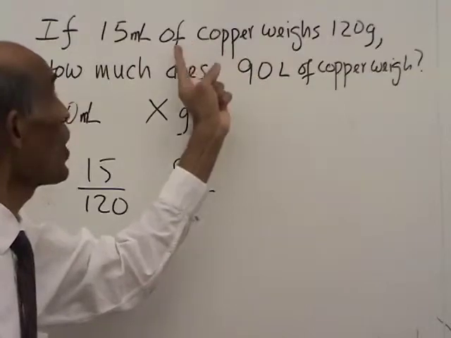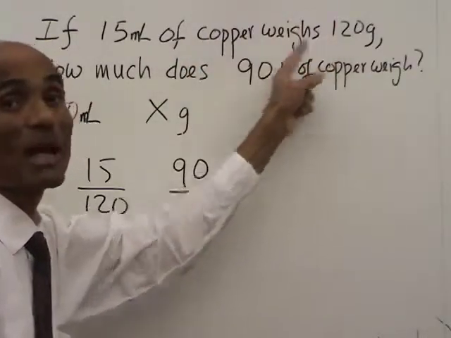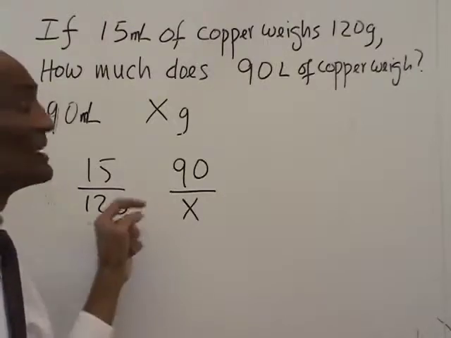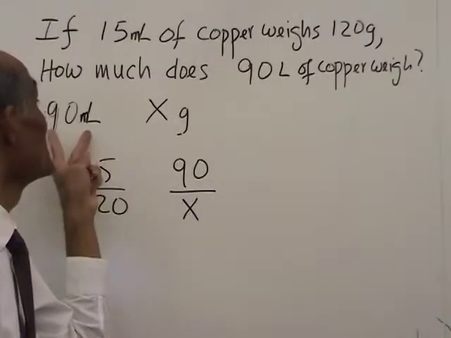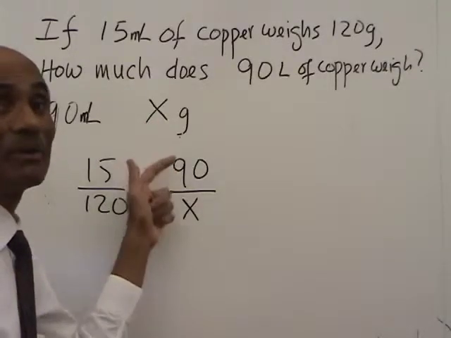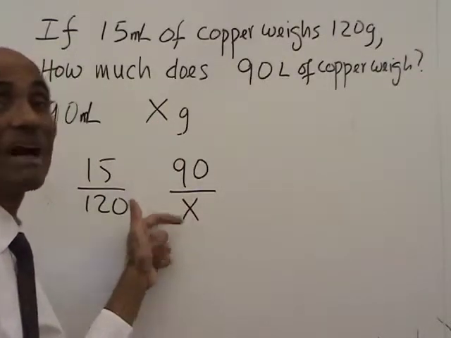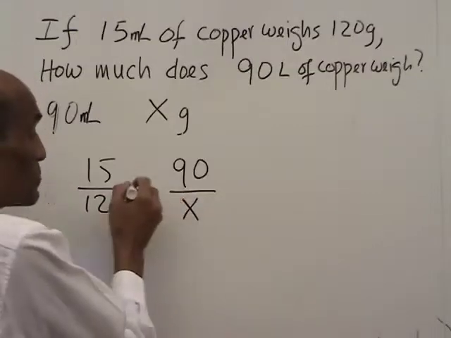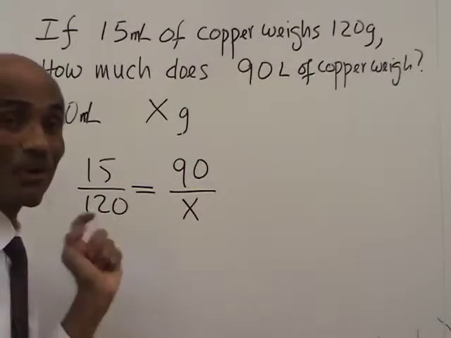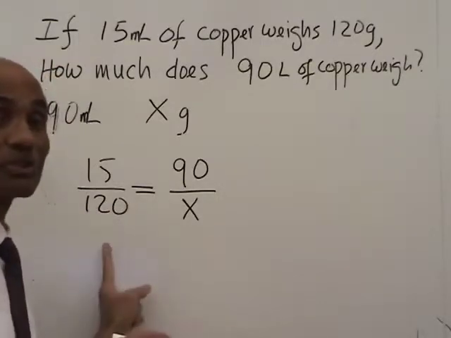Take the ratio of milliliter to gram, 15 divided by 120. The second ratio is 90 milliliters weighs x gram. The ratio is 90 divided by x. And these two ratios must be equal. Now we have a proportion.